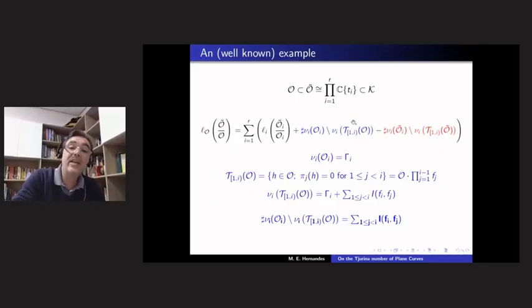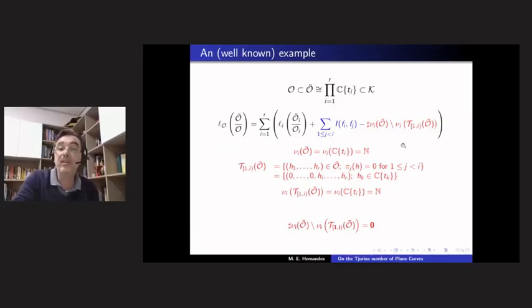So the value set of this fraction ideal is precisely the value set of O, or the projection in i of the O_i, so it is precisely the same group, plus the evaluation of this product, which corresponds to the sum of the intersection multiplicity of F_i with the other branches F_j. So the cardinality of this difference is precisely the sum of the intersection multiplicity of F_i and F_j. So we can replace this blue part by this sum.